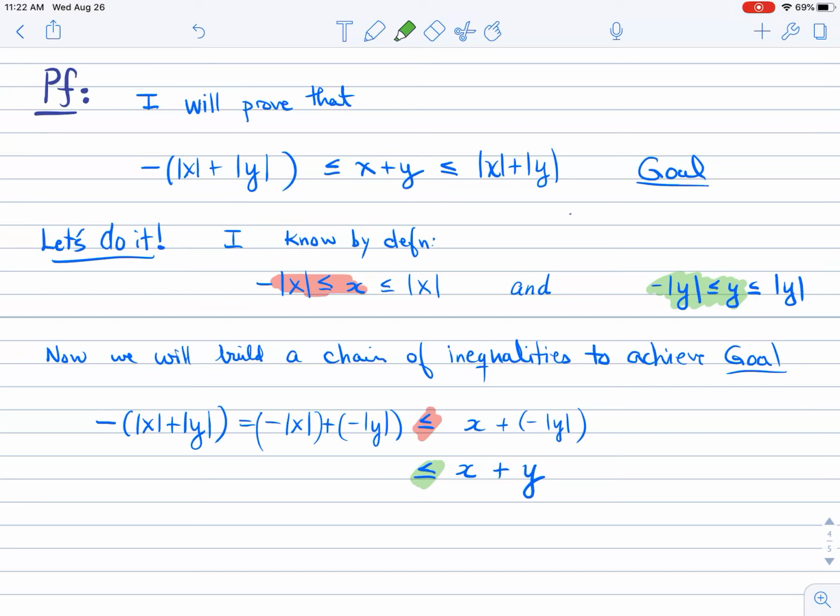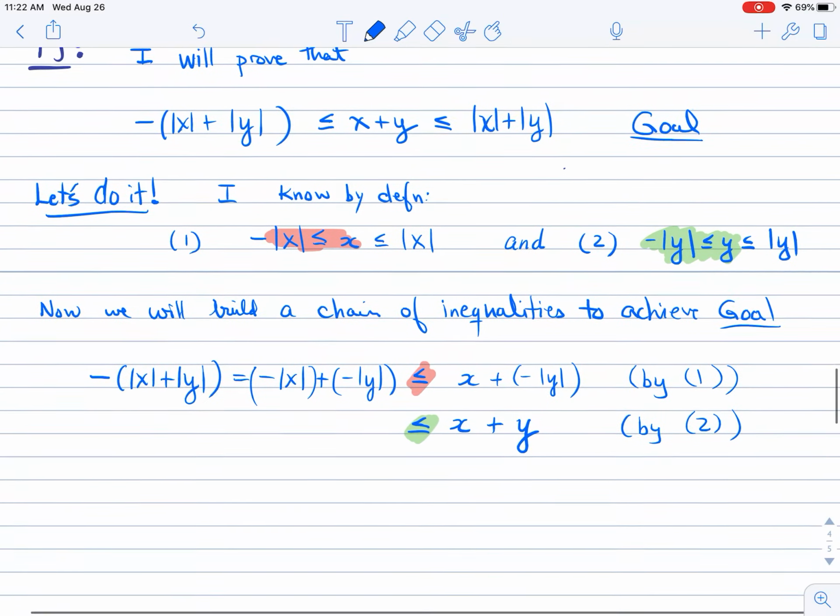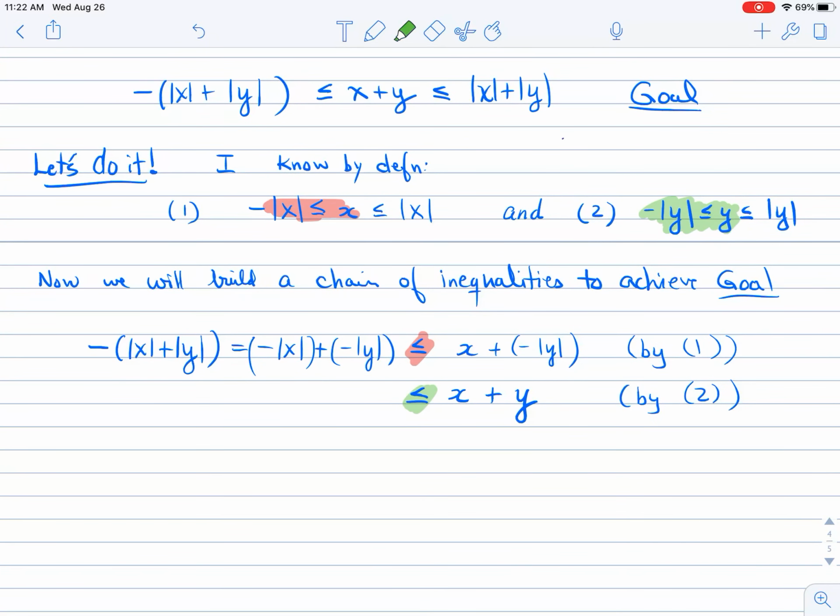You might want to label these, you could call this 1, we could call this 2, and write something like by 1, by 2. And now look at what we've done. Already we've shown that half of the inequality is true. We've already shown that the negative of this thing is less than or equal to the middle thing.